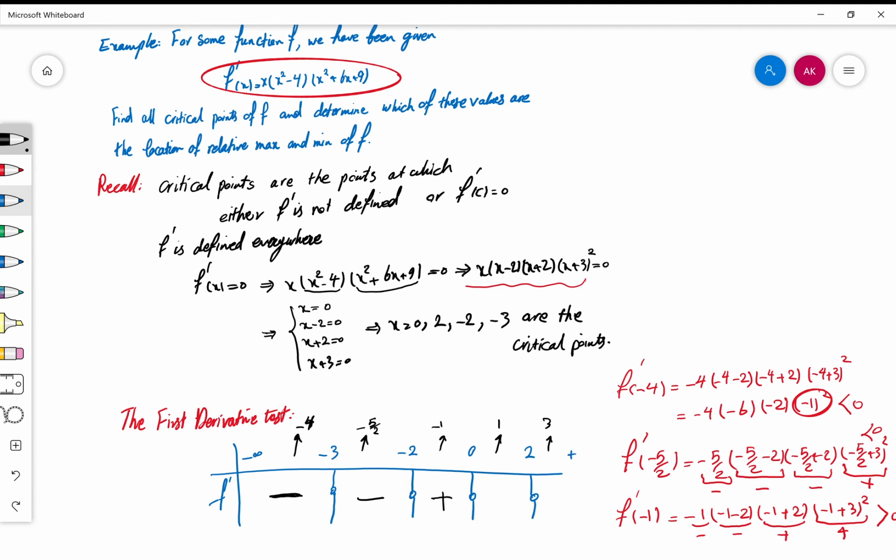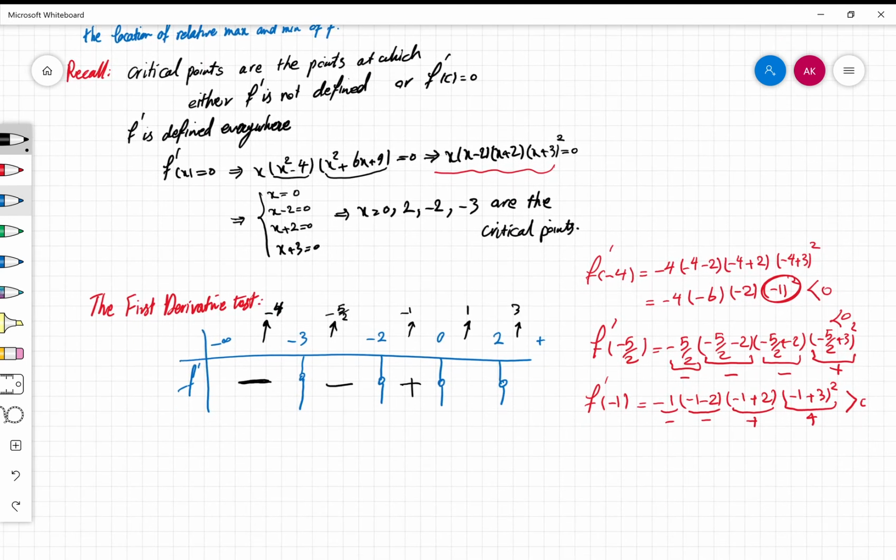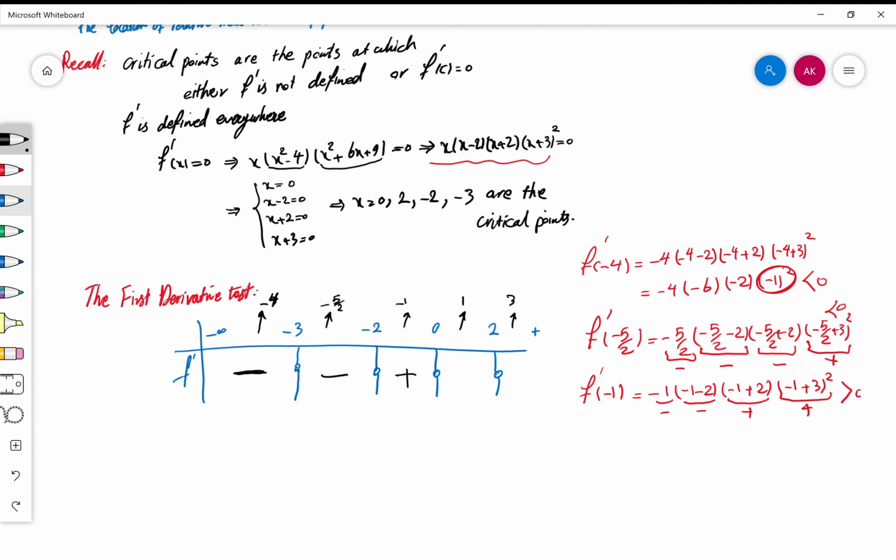And for f prime at 1, this will give me 1, 1 minus 2, 1 plus 2, 1 plus 3 squared. This is positive, this is positive, this is negative, this is positive. The whole thing is going to be negative. And the last value, if you plug in, you will notice that it is positive.